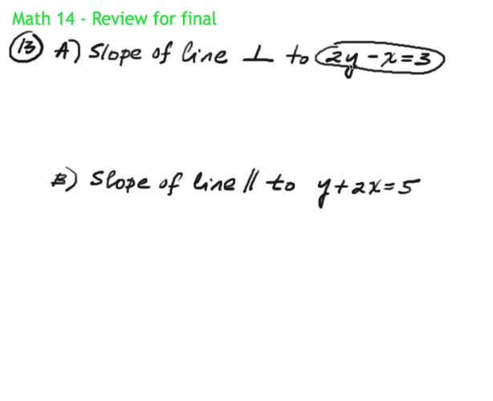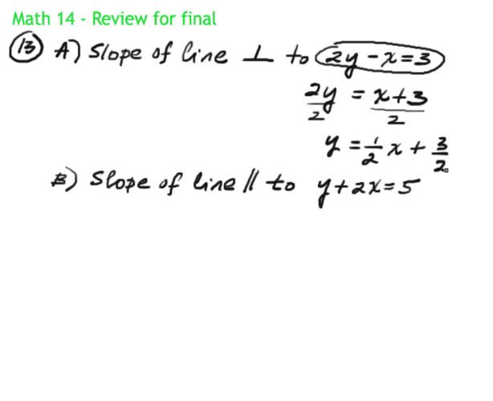Let's start by adding x to both sides. So here we have 2y = x + 3, and then dividing by 2 on both sides, we have y = 1/2 x + 3/2.